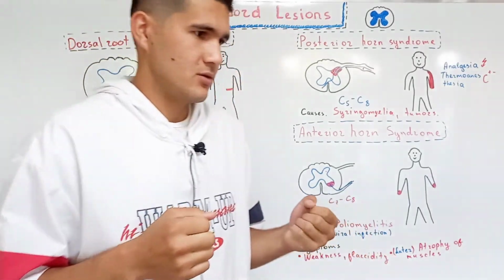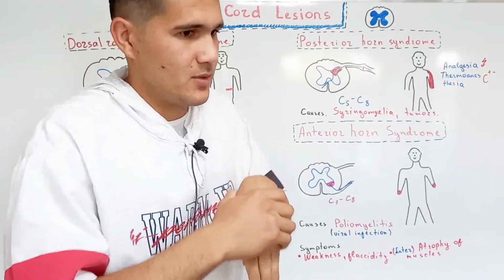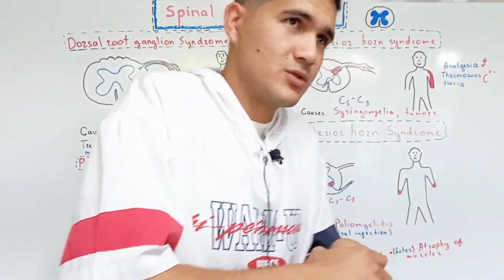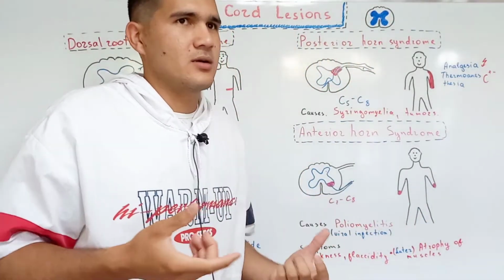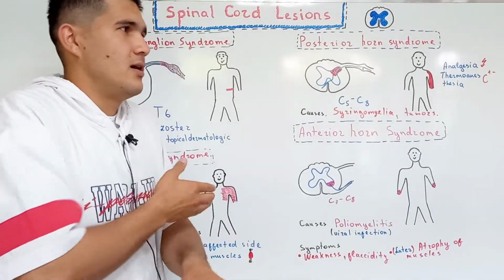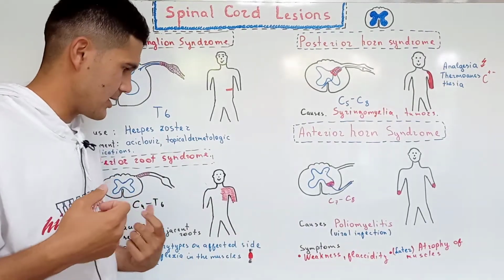So these affected muscles can become flaccid and hypotonic, and you couldn't observe monosynaptic or polysynaptic reflexes on the affected side.